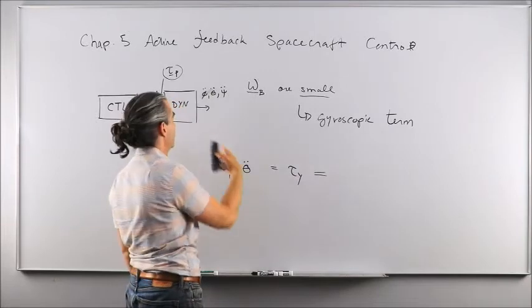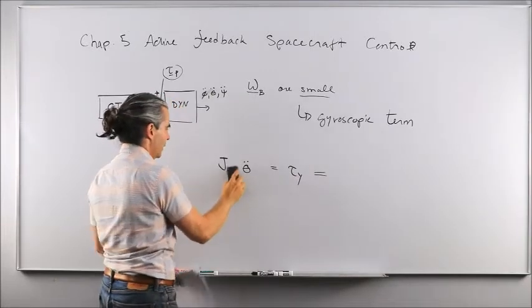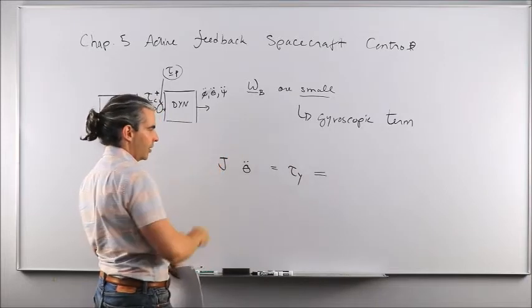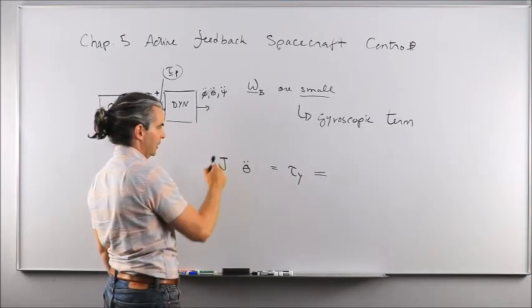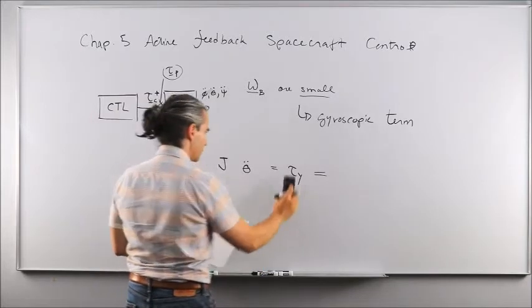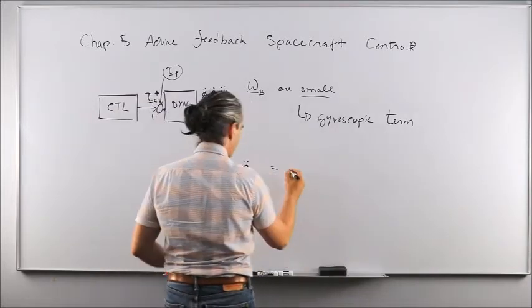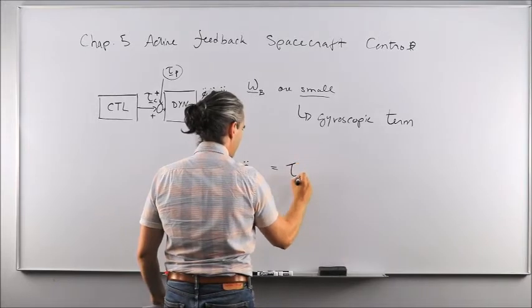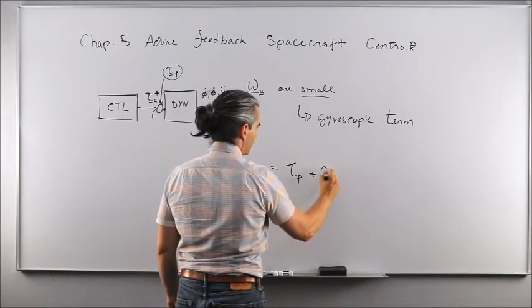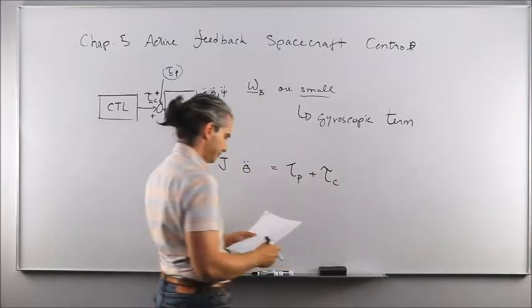That could be any of the three Euler angles. And then just J, because J could be replaced by Jx, Jy, Jz. This is now a generic principal moment of inertia equal to perturbing torque, tau p, plus control torque, tau c.